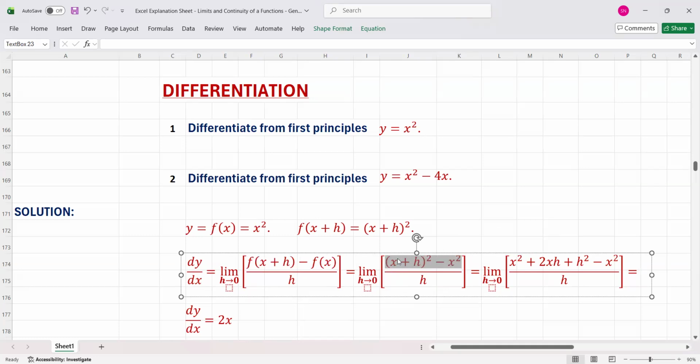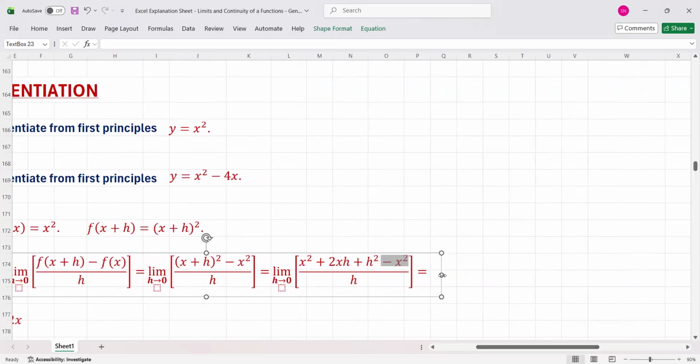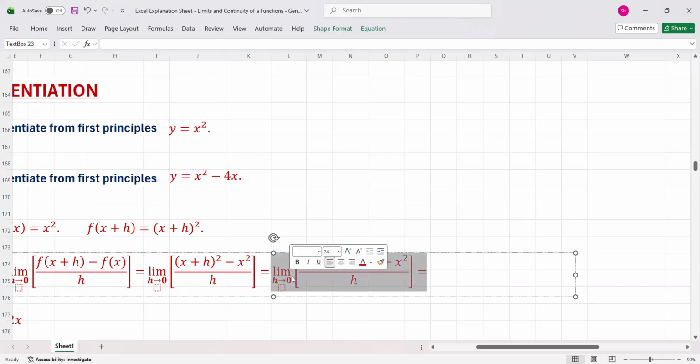When you expand this quadratic, you get x squared plus 2xh plus h squared. Then when I subtract the original function x squared from it, this x squared will get rid of this x squared. I hope you can see here; you need to get this one right. I'm saying that this function is going to reduce. Please let me just copy it like this.